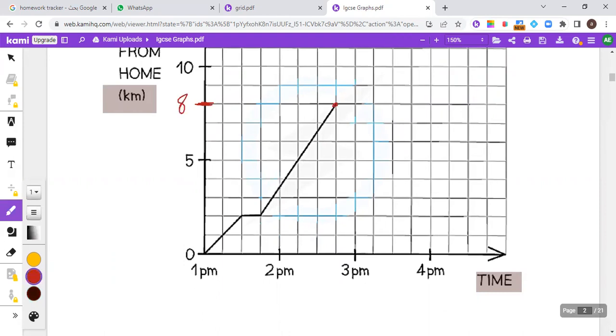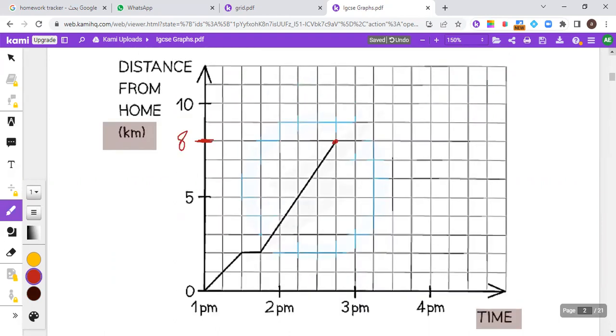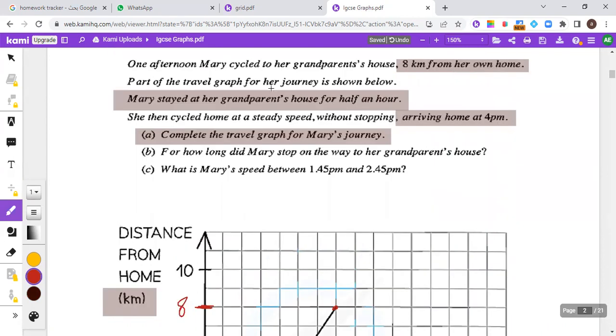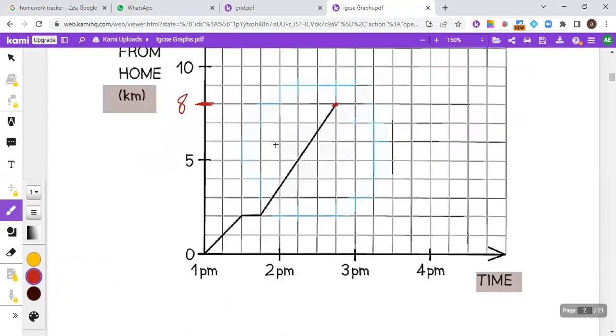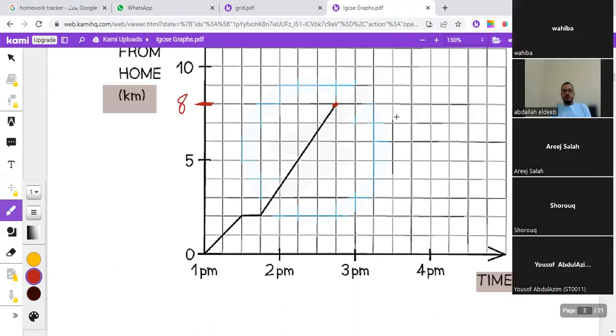Okay, what is the time of the rest? Half an hour. Yes. Here, for each square, how many minutes? You count here from 1 to 2.